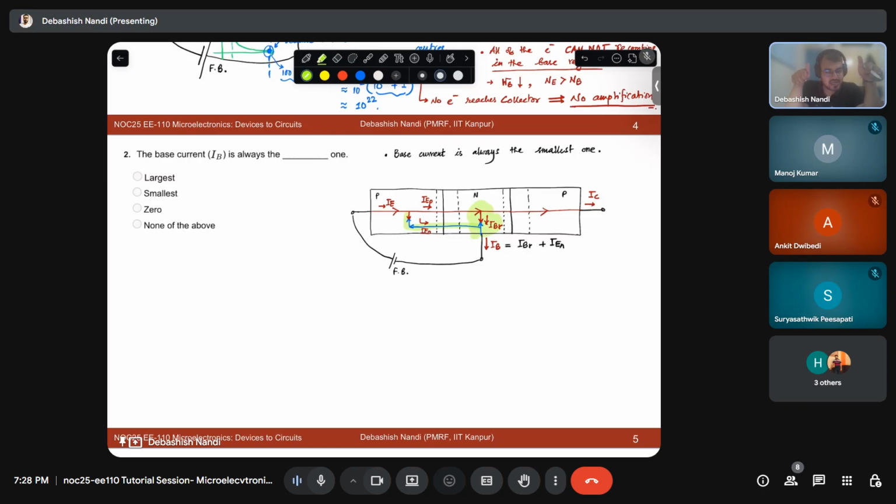So you have by default assumed that your IEP is much larger than your IEN. So as if there is no such current in your answer, and that is true. This actually happens, but there is something that enables this. What is that thing? What is that condition?